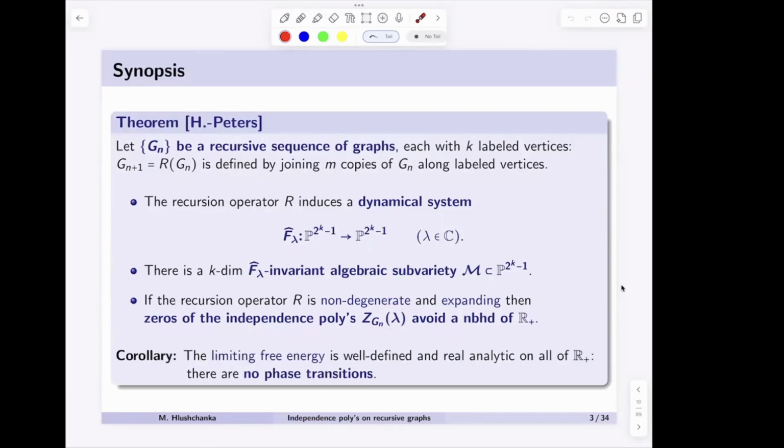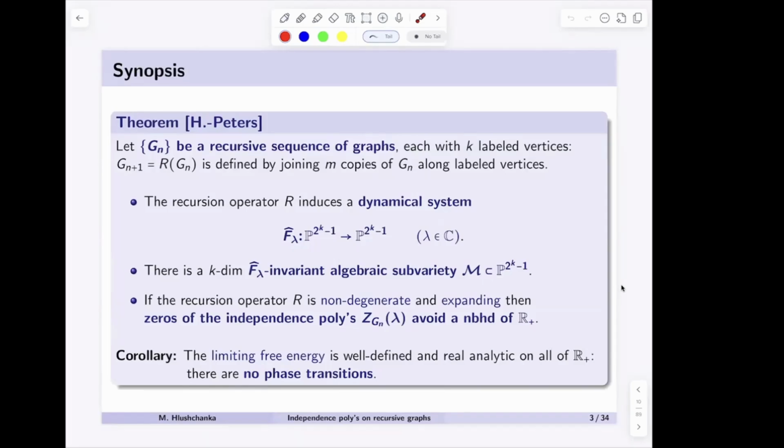The physical meaning of this statement is that the so-called limiting free energy is well defined and real analytic on all of the real parameters. In particular, there are no phase transitions.